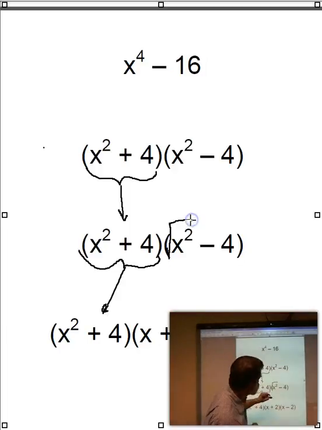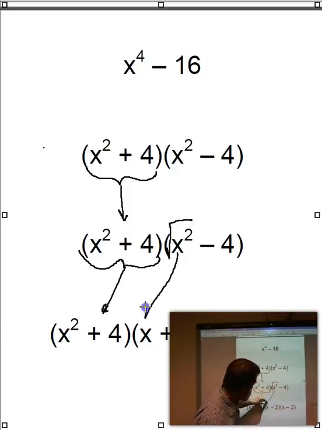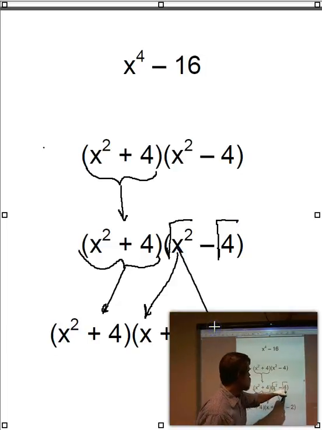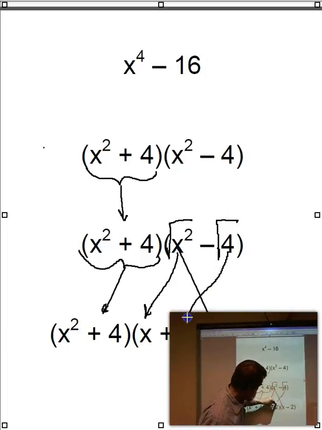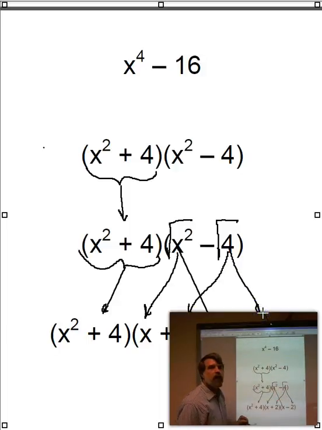Take the square root of the first term of the second factor; that becomes the first term of this factor. Take the square root of the second term; that becomes the second term of the second factorization.